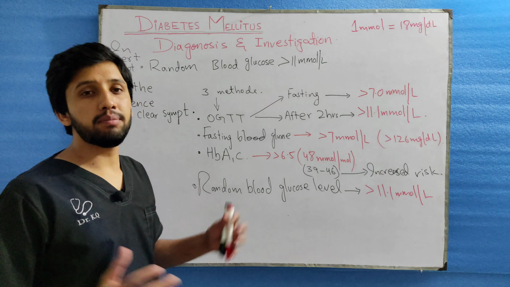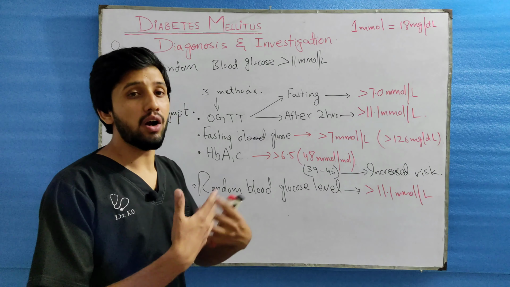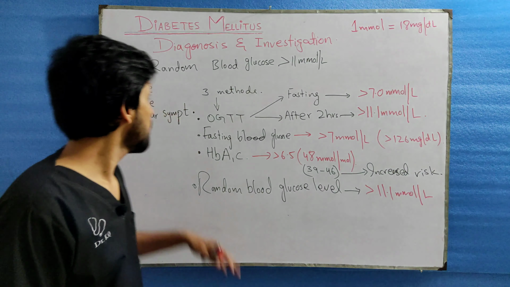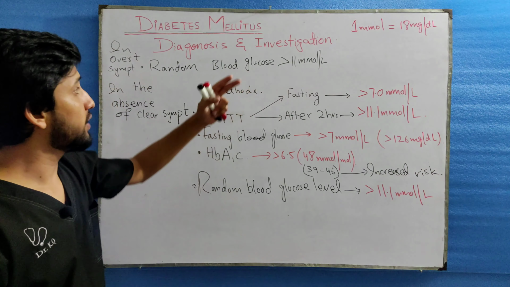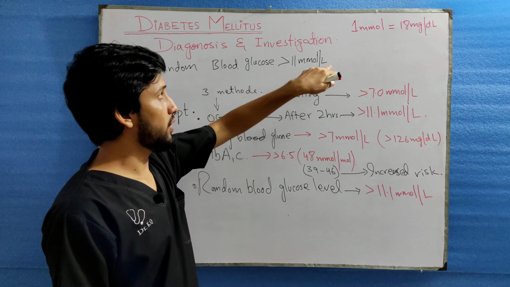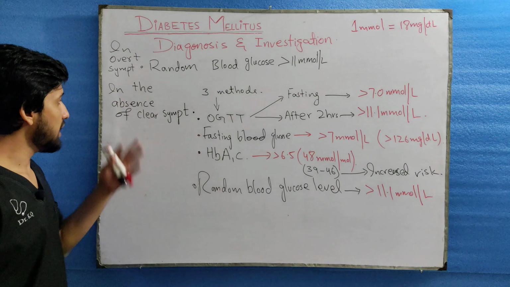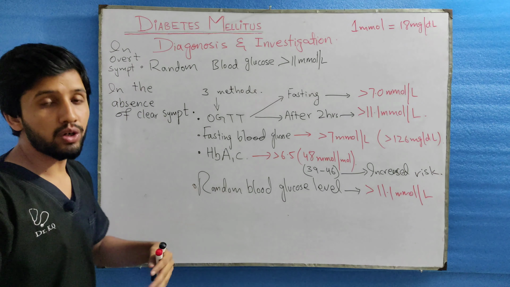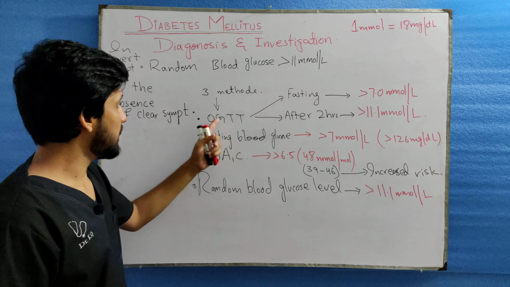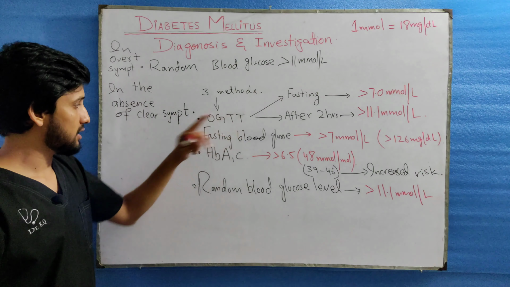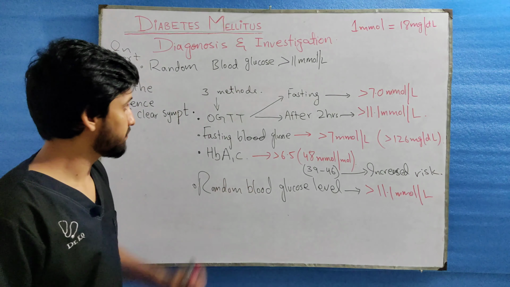When the symptoms are clear, you will go for the random blood glucose level, which if greater than 11 millimole per liter, you will diagnose the patient as diabetic. In the absence of any clear symptoms, you will go for three methods: number one is the OGTT, that is oral glucose tolerance test; second is the fasting blood glucose; and third is HbA1c.